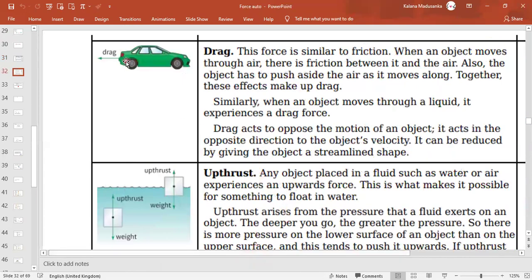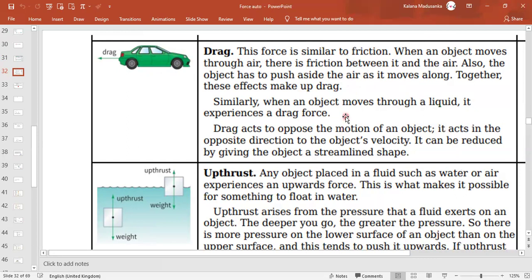And there's another force called drag. It is similar to friction. However, drag happens due to the movement of air, right? When an object moves through the air, there is friction between the object and the air. Also, the object has to push aside the air as it moves along. Together, these effects make up the drag, right?